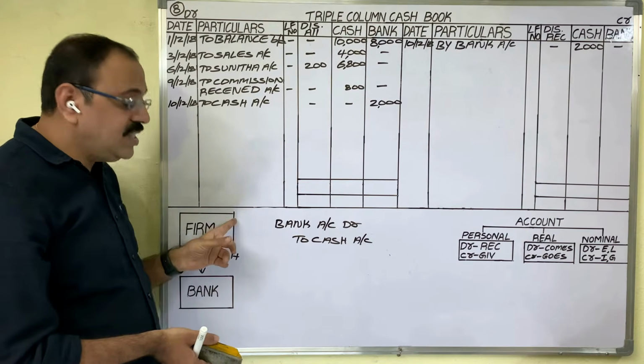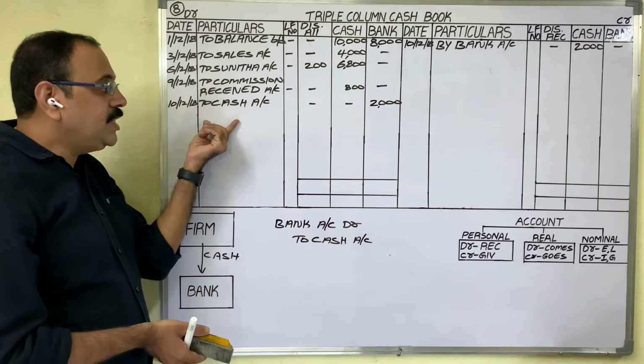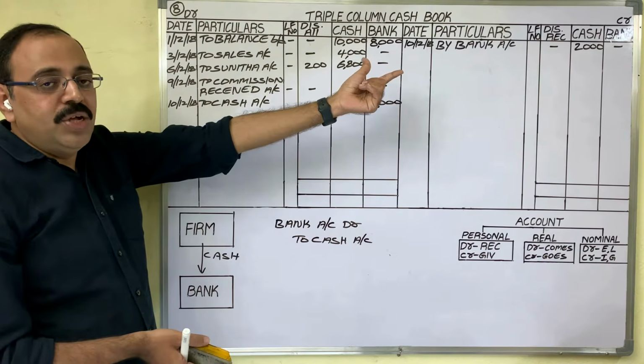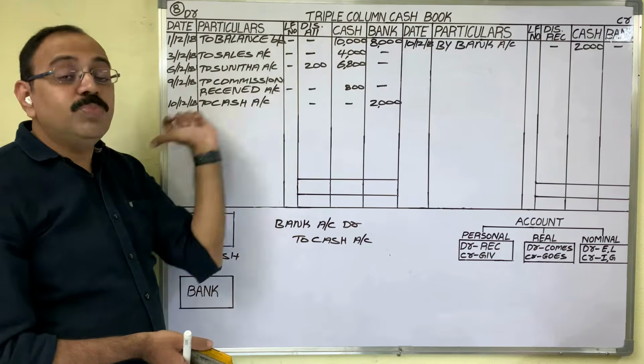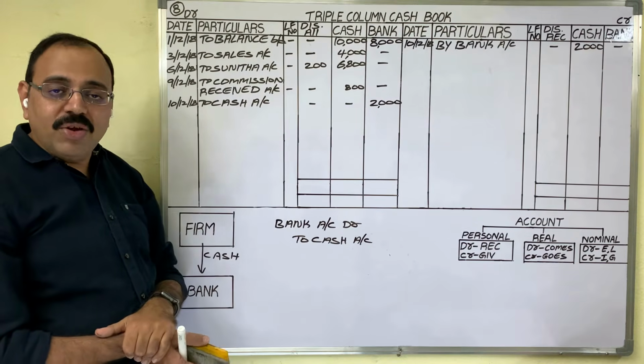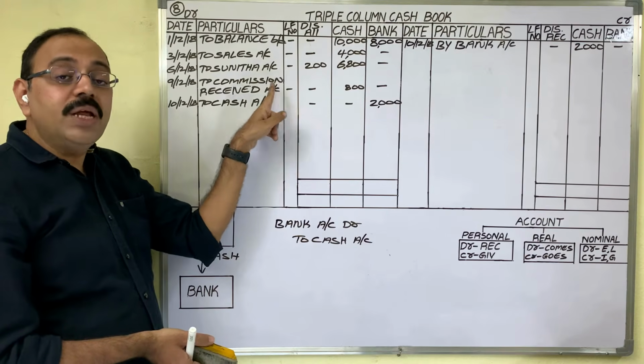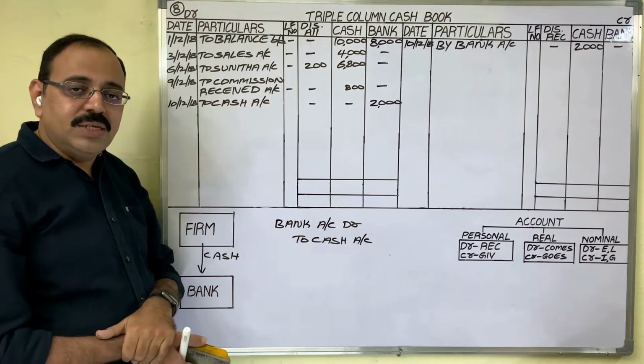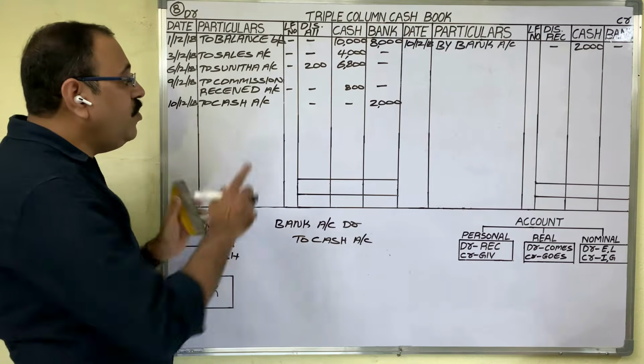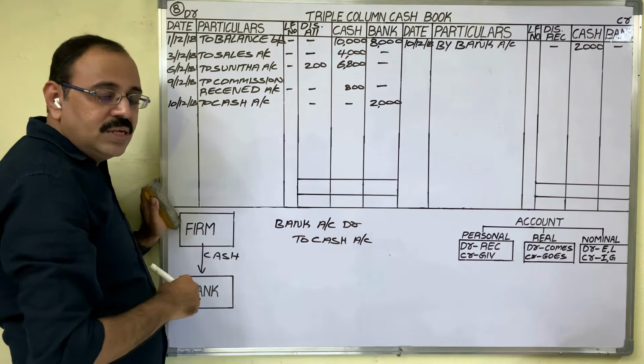But in case of this transaction, debit aspect, credit aspect, both we are writing in this book only. Therefore, we cannot write the ledger folio number here. Then what to write?